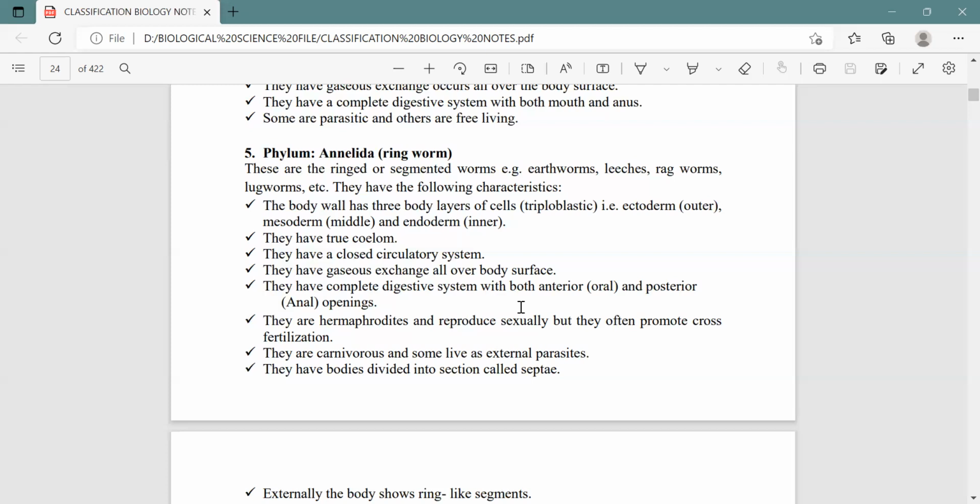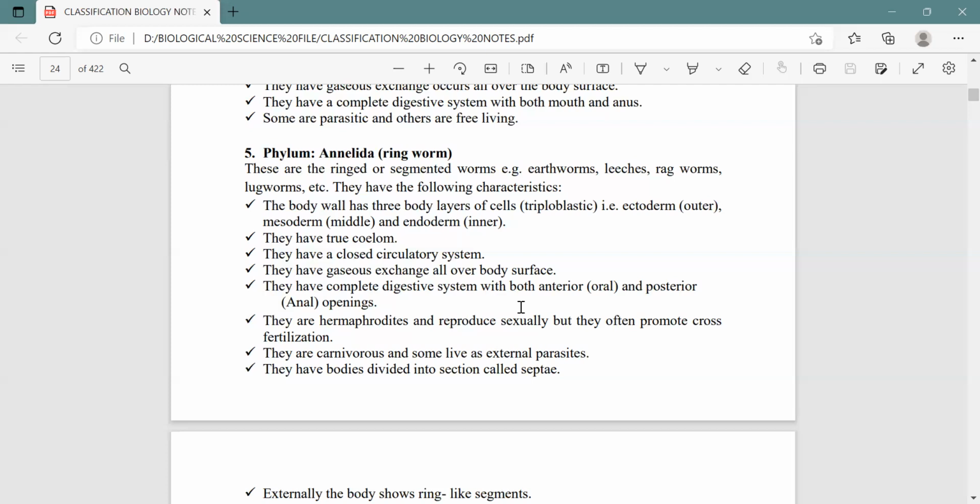Number 3, it is a hermaphrodite. And number 4, the body is divided into septa. And number 5, they have ring-like segments.